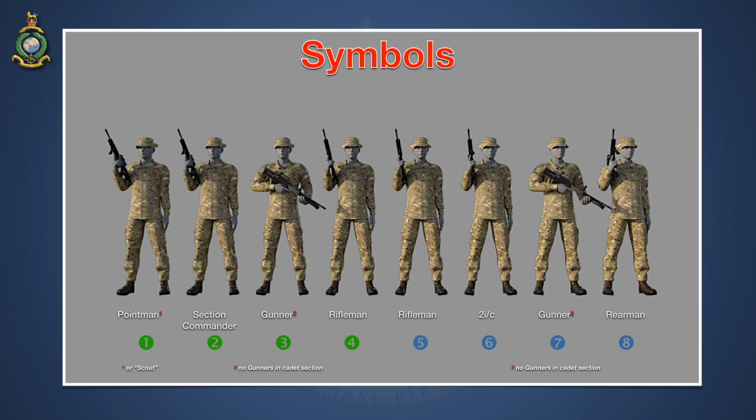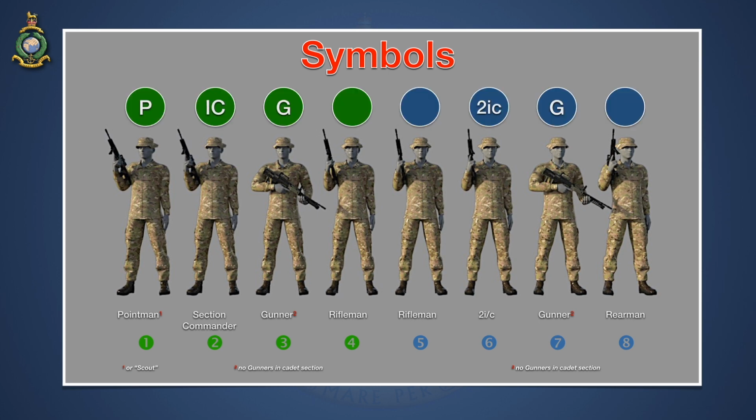And the symbols I use are circles with green background for Charlie, blue for Delta, and P for point man. IC for the section commander because he's in charge or in command. 2IC for, surprisingly enough, the 2IC, second in charge.